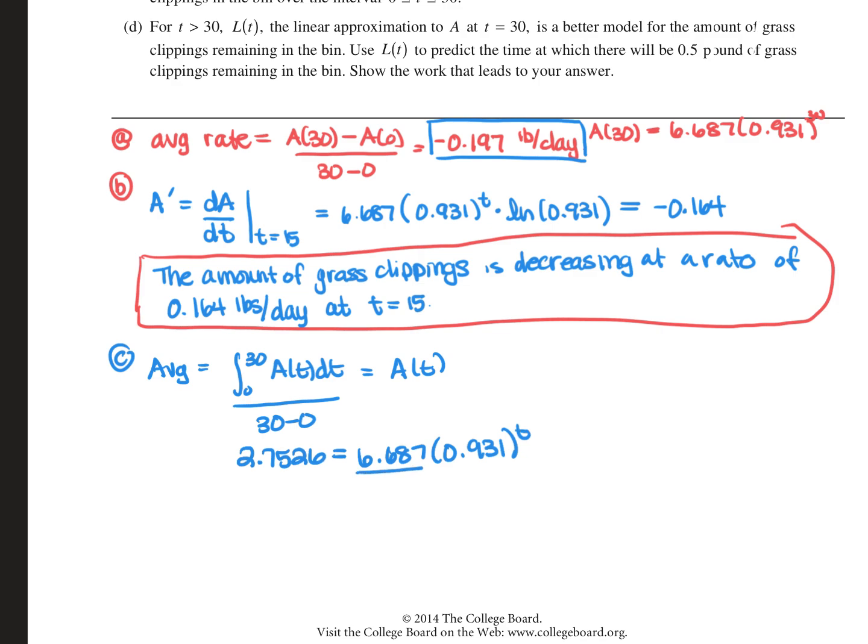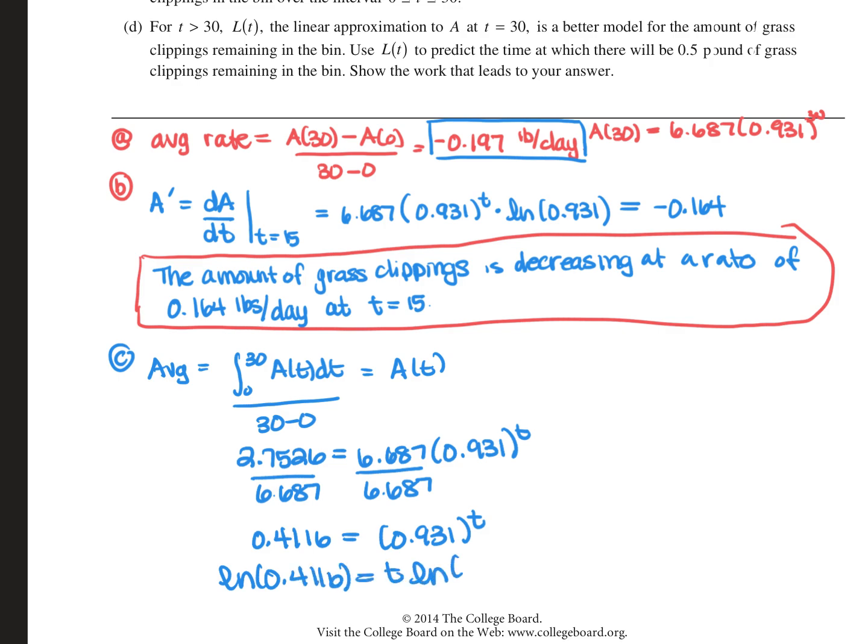So we can divide both sides by 6.687, and we're left with the left side being 0.4116. Then we take the natural log of both sides. Remember, when you take the natural log, the power can come out in front. So we know t works out to be 12.41 days.